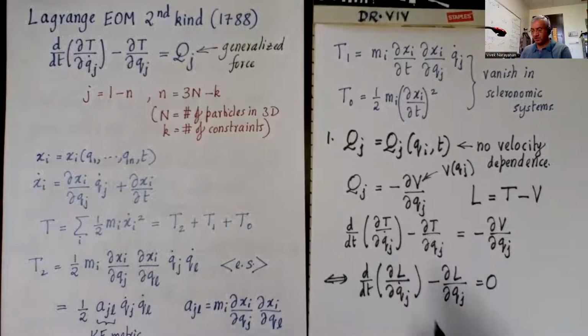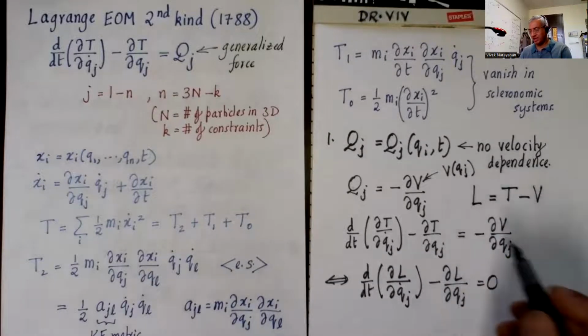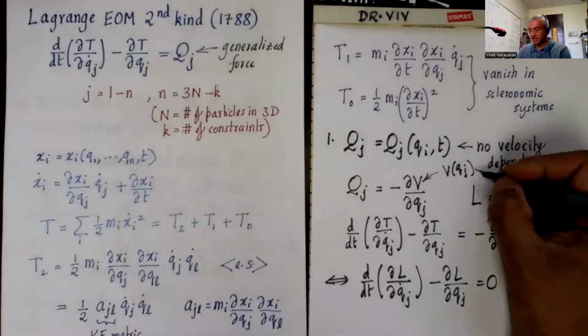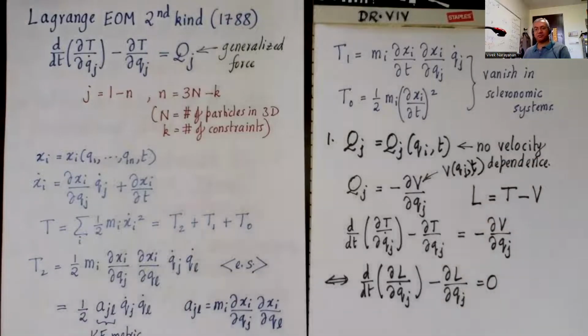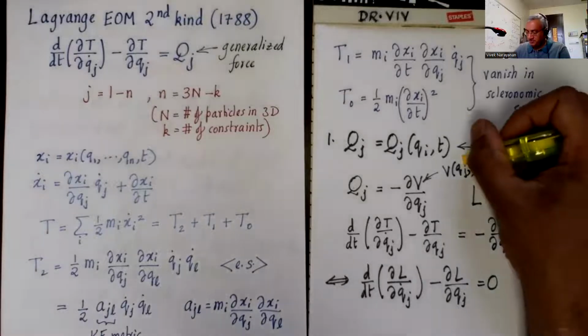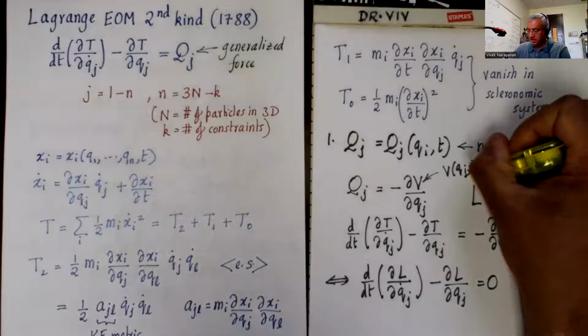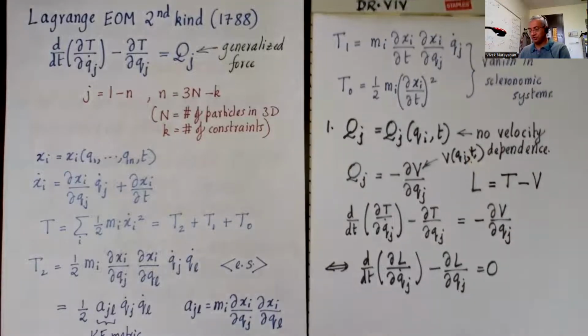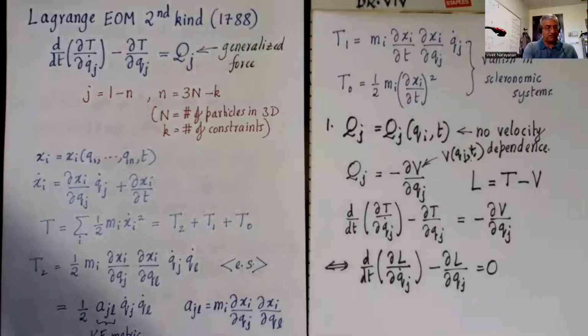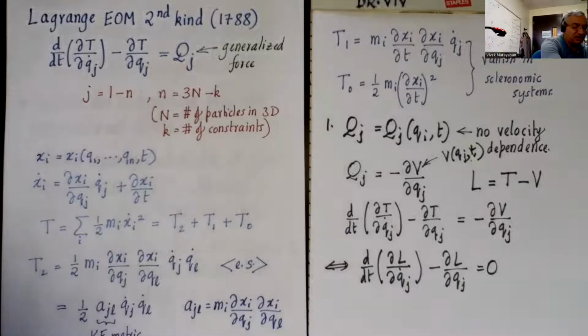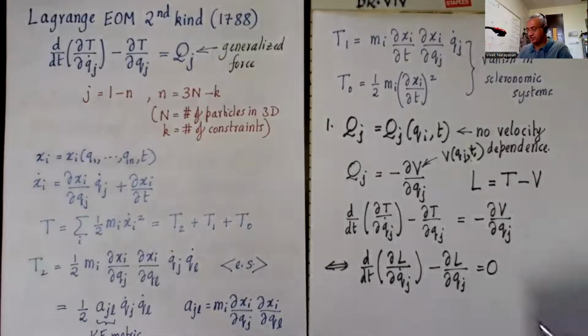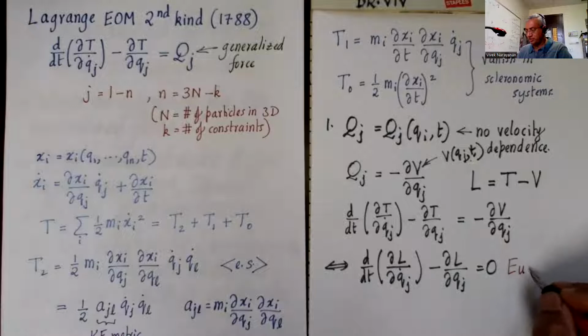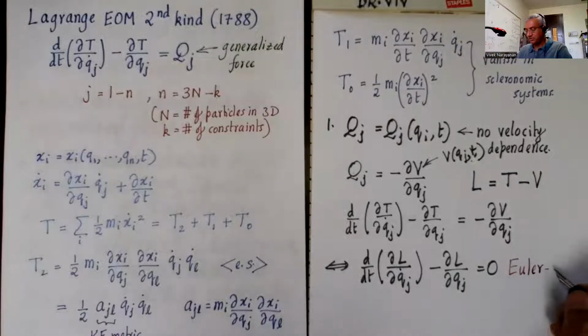Even if it's a function of time, it's okay, you can have this be a function of time as well. So I'll write it as qj comma t. So that's a very special case, and that recovers for us our usual Euler-Lagrange equation. So you can see that what people think of as Euler-Lagrange is a special case of this more general case.